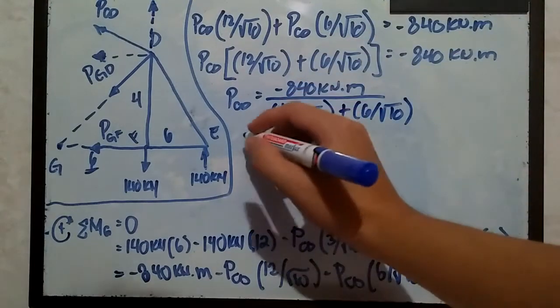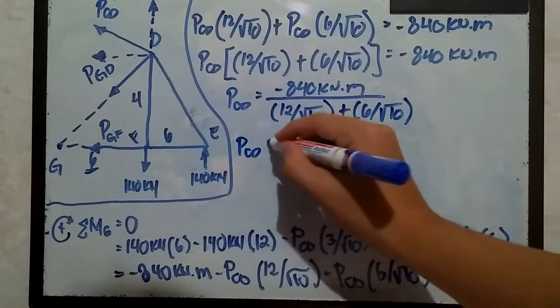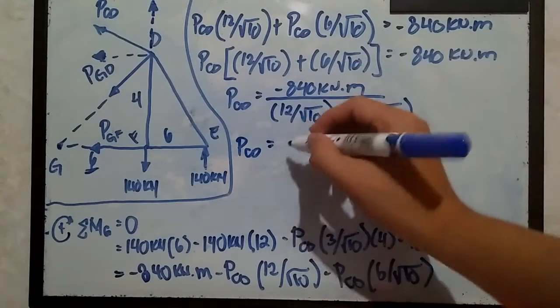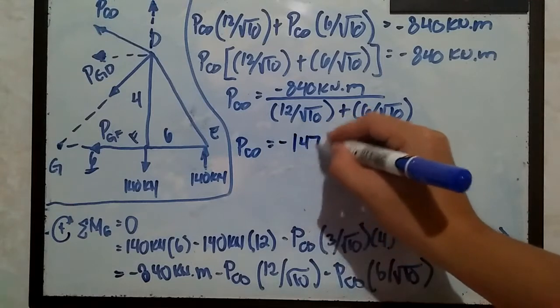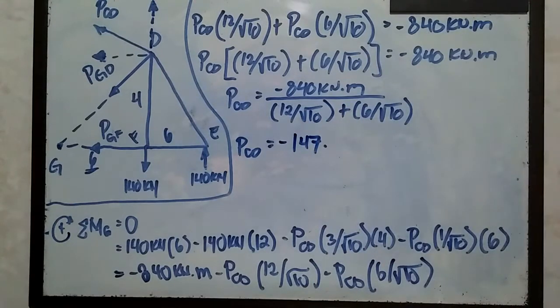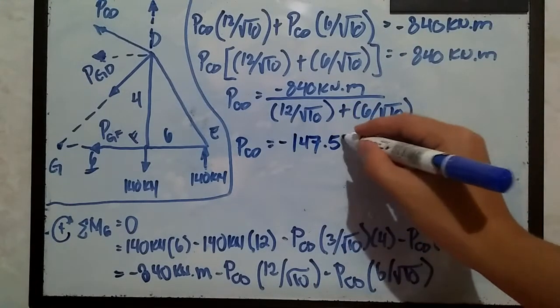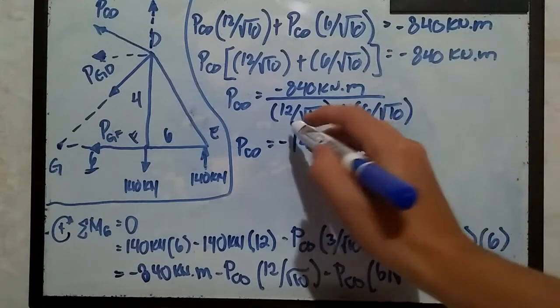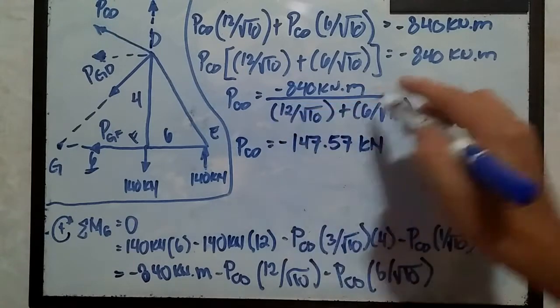So upon simplification, P sub CD is approximately negative 147.57 kilonewton, because the unit on the denominator is in meters.